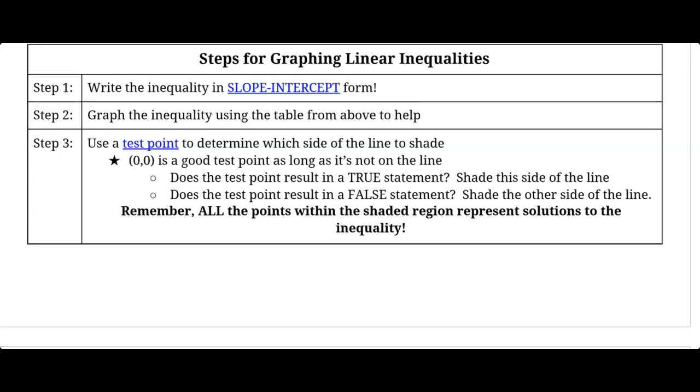If you wanted to graph a linear inequality by hand, you would follow these steps. You would write the inequality in slope-intercept form, so you may have to solve for y if necessary. You can then graph the line, and use the table from above to help you know if your line is solid or dotted.